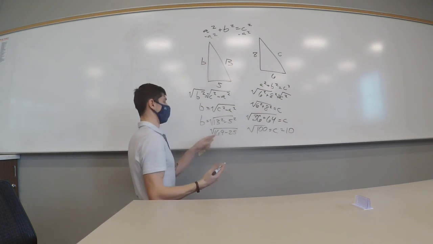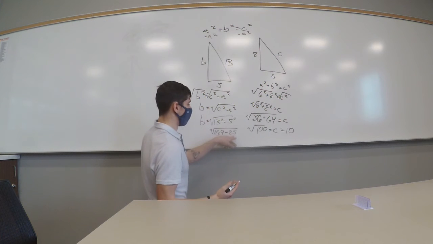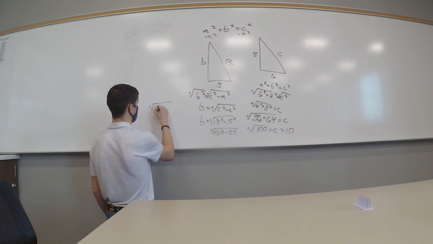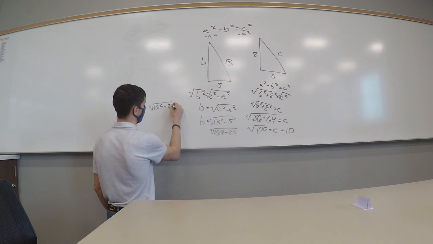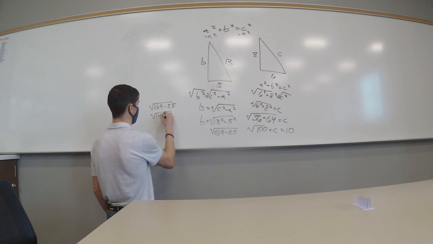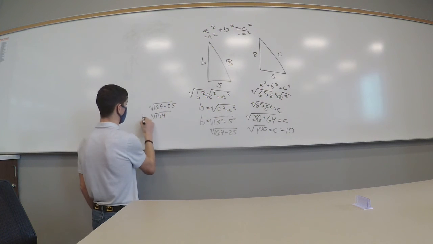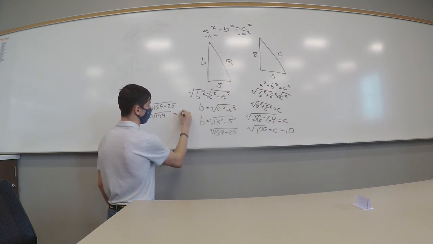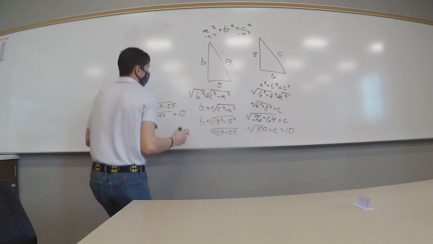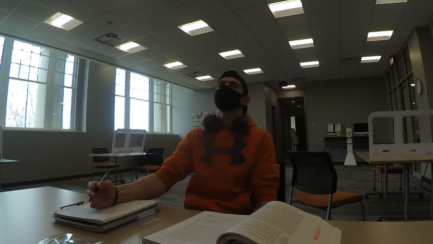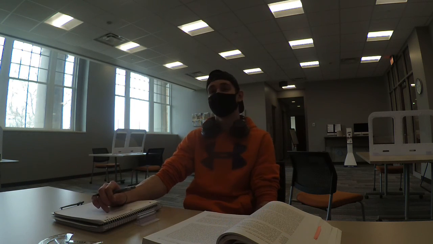So B is equal to the square root of 169 minus 25, which is the square root of 144. So B is equal to 12. So the other side length in our triangle would be 12. Gee, you sure are smart, mister.